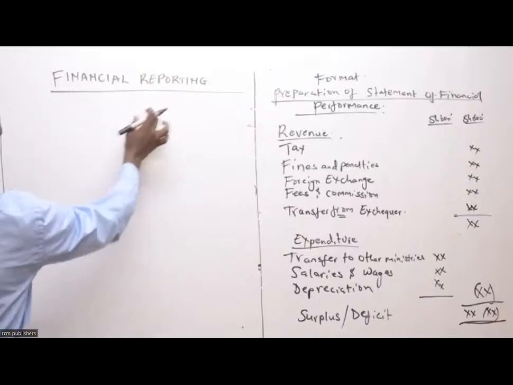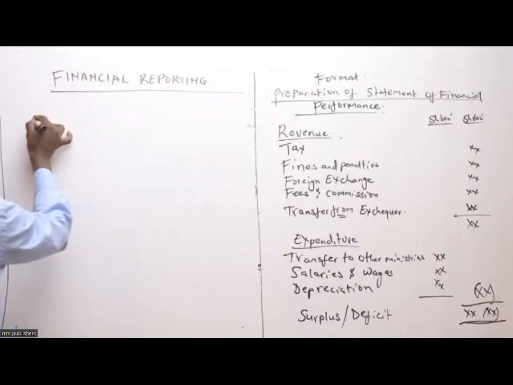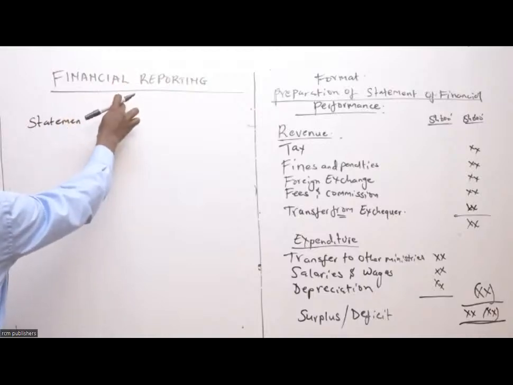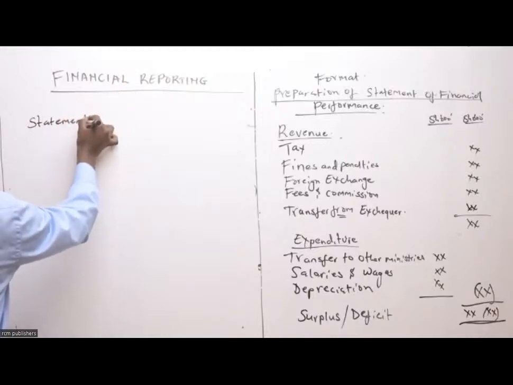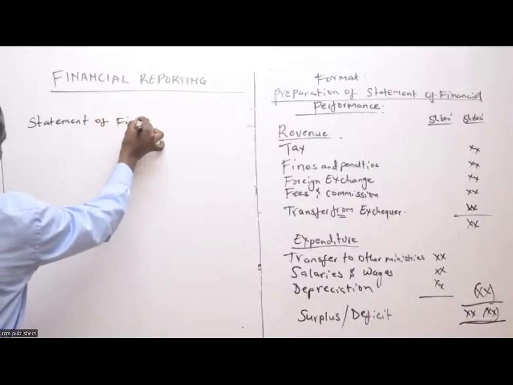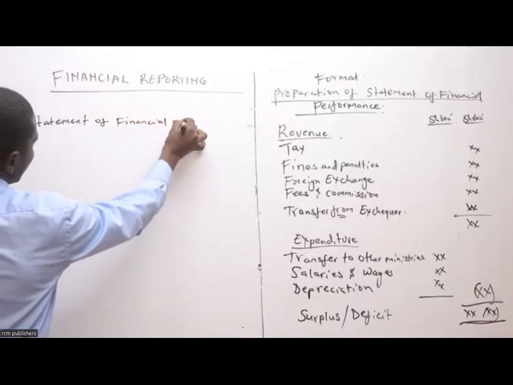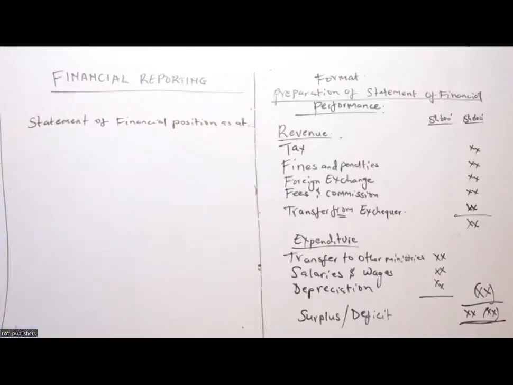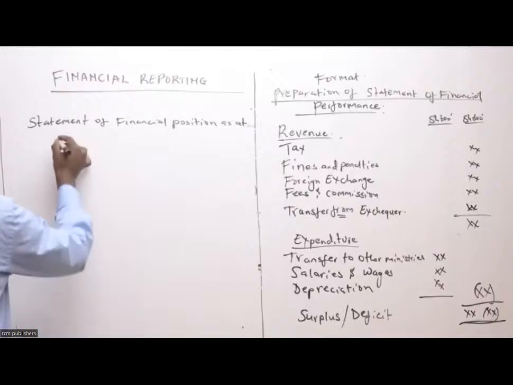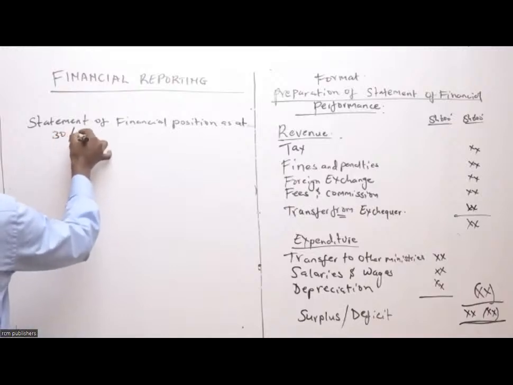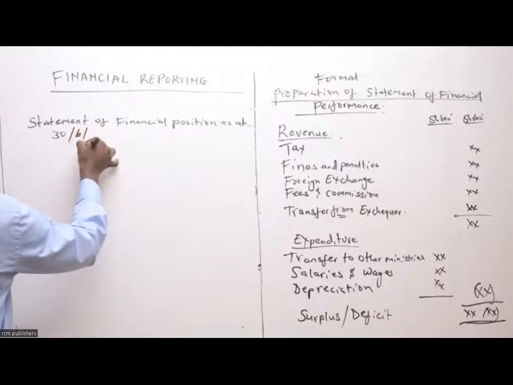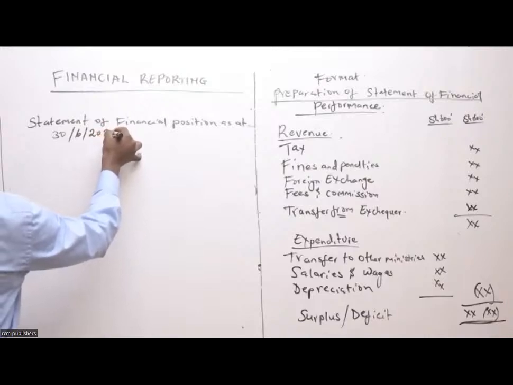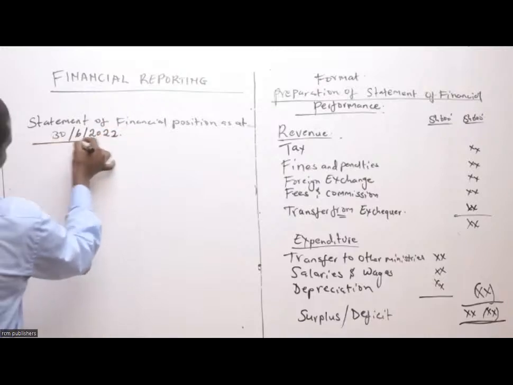So you start with the name of the department, then statement, kama hapa tungesema KRA, statement of financial position as at 30th of June 2022. Tunaweza iweka tu hivyo, haina shida.